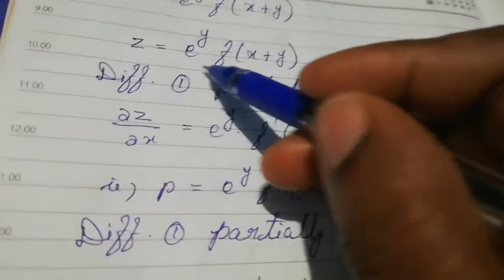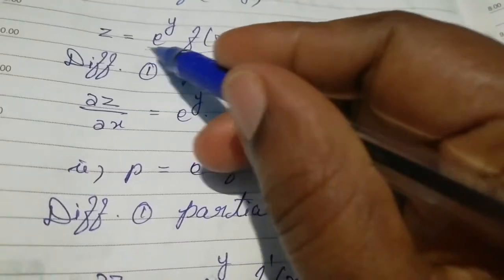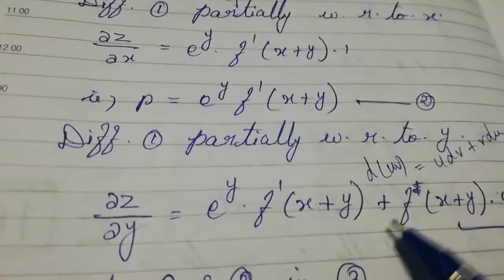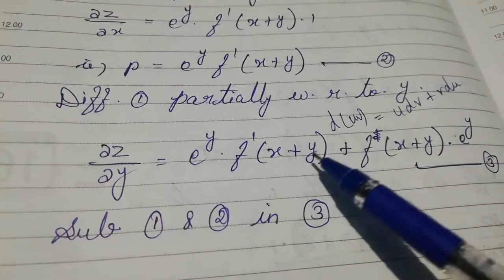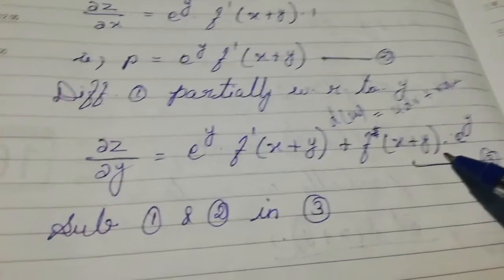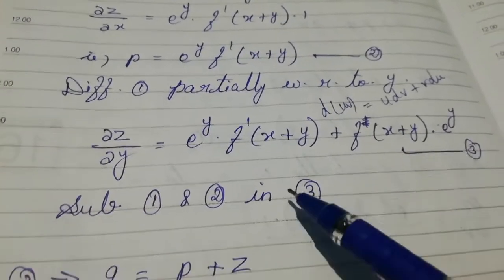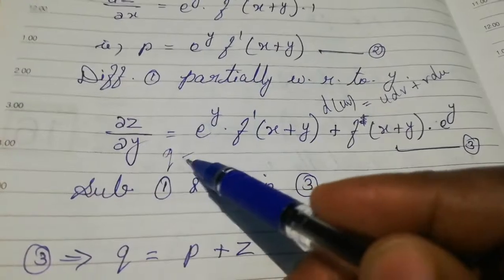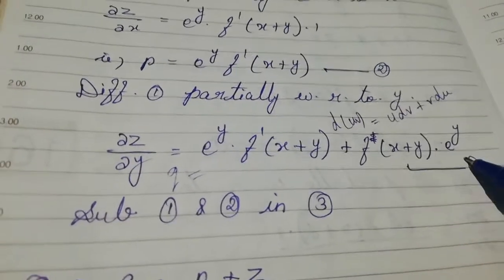We take this as u, this as v. So we get dou z by dou y is equal to e power y into f dash of x plus y plus f of x plus y into e power y. This is q, isn't it? So q is equal to e power y into f dash of x plus y plus f of x plus y into e power y.